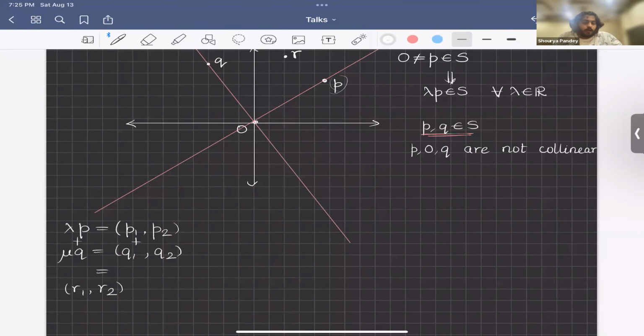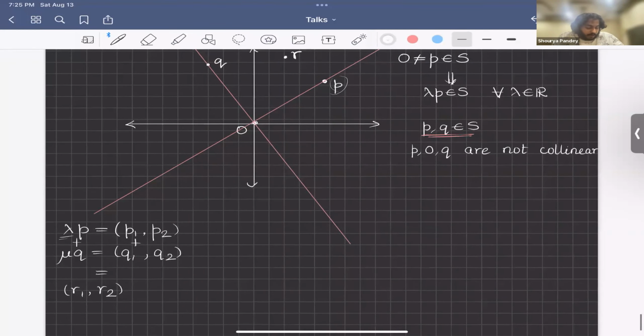For any R1, R2, I want to show that there exist lambda and mu such that this happens. Basically I'm just solving a system of linear equations: P1 lambda plus Q1 mu equals R1, where P1 and Q1 are the coefficients and lambda and mu are the unknowns, and P2 lambda plus Q2 mu is R2.